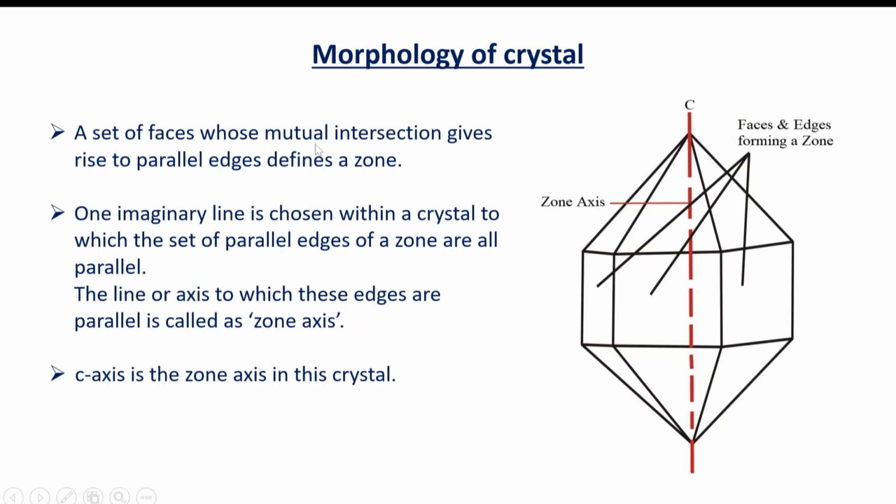If there is one imaginary line chosen within a crystal to which the set of parallel edges of a zone are all parallel, then the line or axis to which these edges are parallel is called a zone axis. In this case, if I mark this axis as the C axis, then this will be your zone axis for all these three faces.